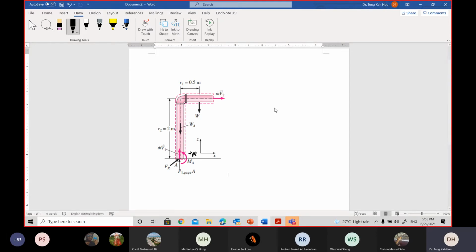But because mv2 is over here and your distance is r2, and we focus on point A due to the requirements of the question, you know that this horizontal force times my r2 is going to generate a clockwise moment about point A. So this will have a negative value. Is that clear?